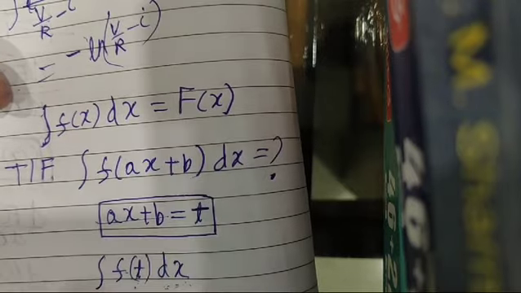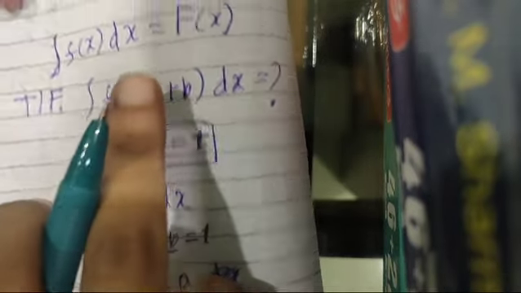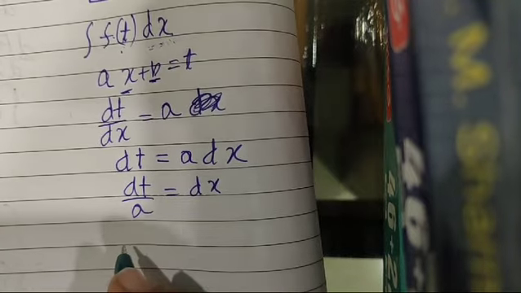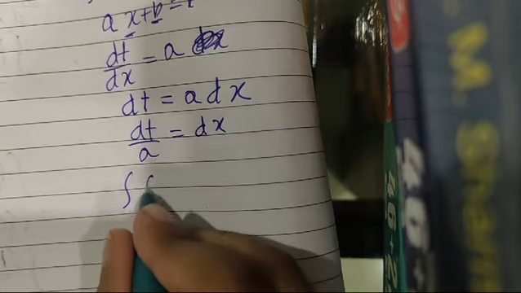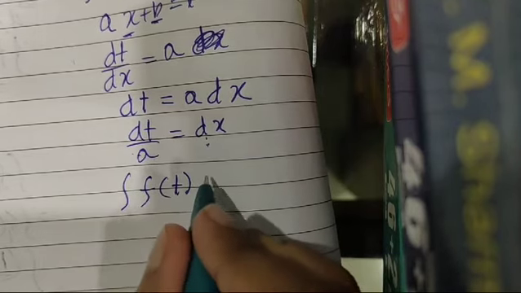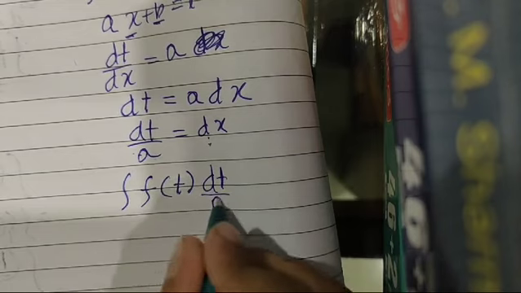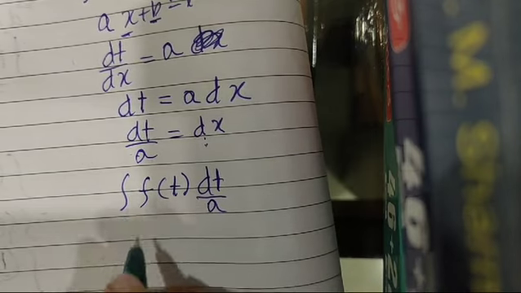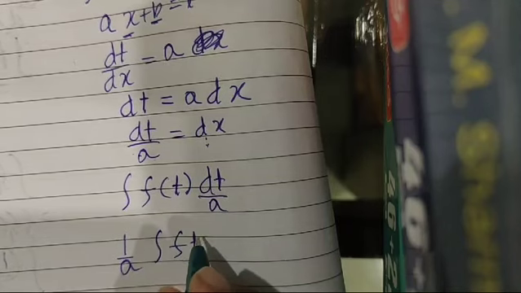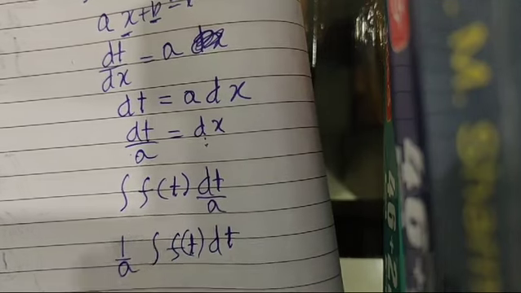Now let us replace everything so that we get a function of t and integrate it with respect to t. So what we get is f of t, and dx we have to replace by dt by a. Now this is a constant, it will come out of the integration. So 1 by a integration f of t dt.